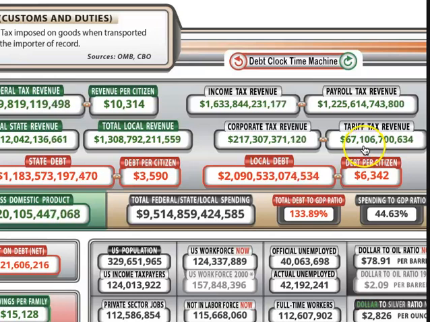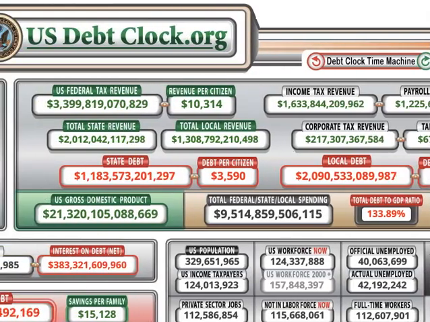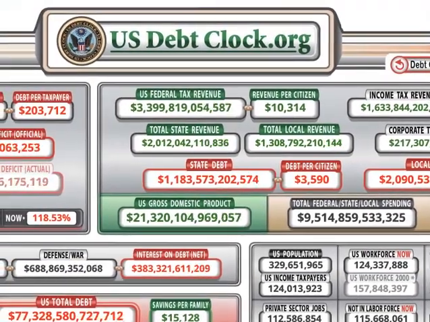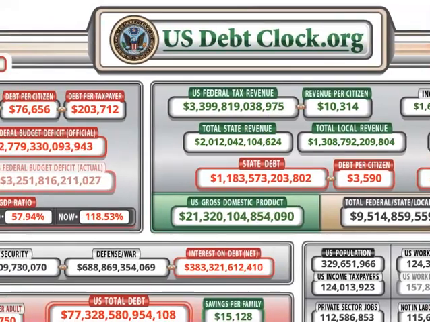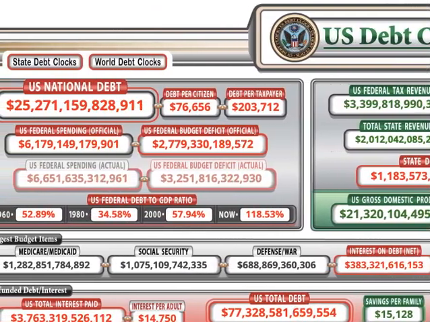Tariff is only about $67 billion. So total local revenue is very small, right? State revenue is not $2 trillion. So all of these together, the federal tax revenue is only 3.4 at most trillion dollars at the moment, but the U.S. debt is $25 trillion and counting.